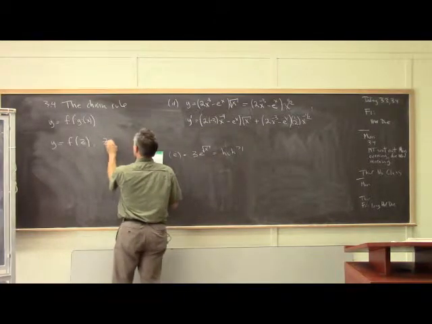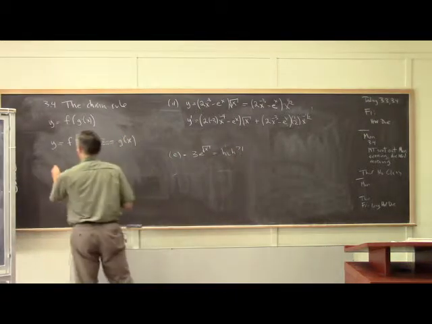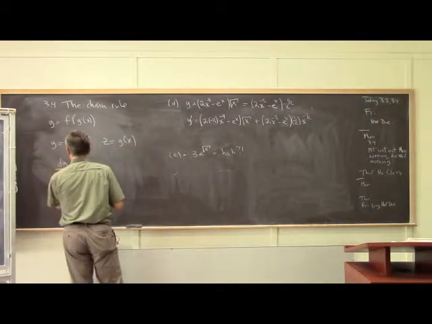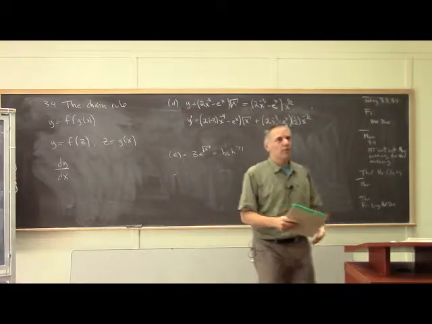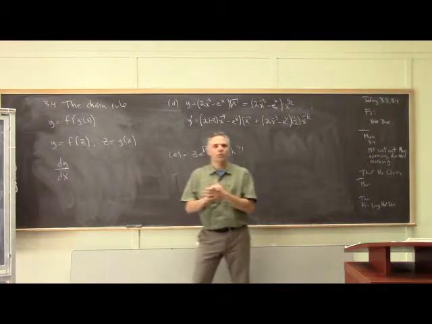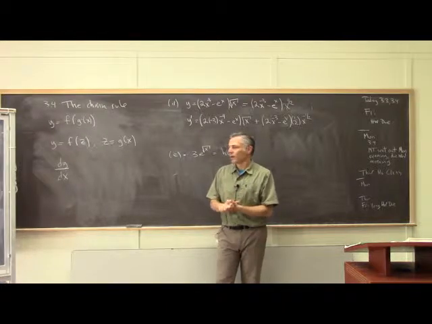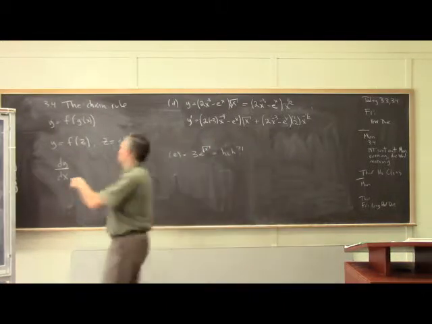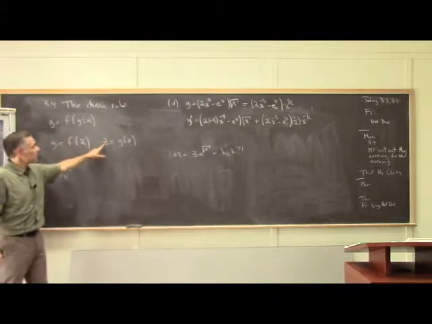And then z equals g of x. This is the same notation the book uses, so at least notational confusion should be minimal. All right. So y depends on z, but z depends on x.